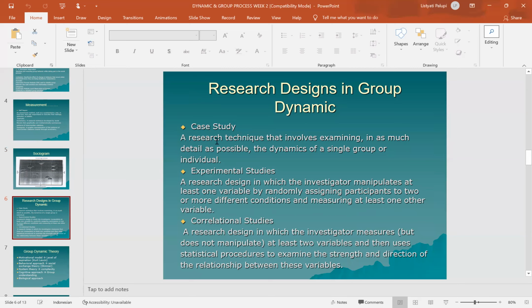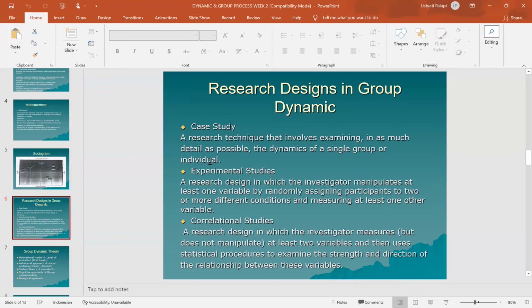Case study is a research technique that involves examining, in as much detail as possible, the dynamics of a single group or individual. While experimental studies is a research design in which the investigator manipulates at least one variable by randomly assigning participants to two or more different conditions and measuring at least one other variable.